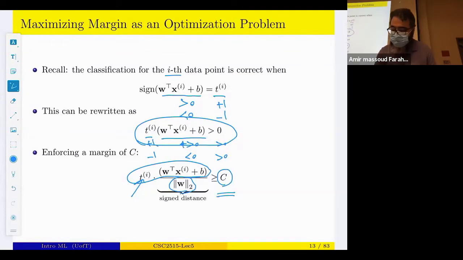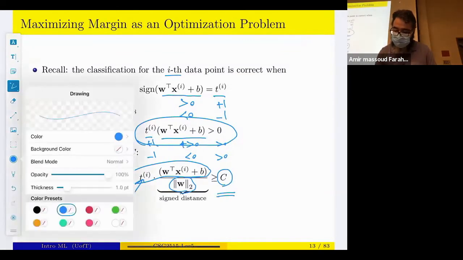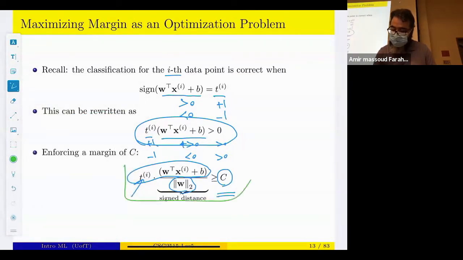So essentially, all this constraint is saying is that.